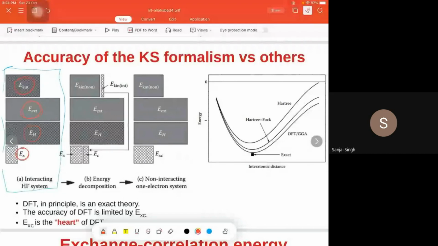Now, when we move to DFT, there is some fraction which is left, represented by this small rectangle here. You notice that, and this is the external potential, which is the same as this. This is the Hartree potential or Hartree energy, the same as this one, and here you have the exchange term, where exchanging two fermions lowers the energy.